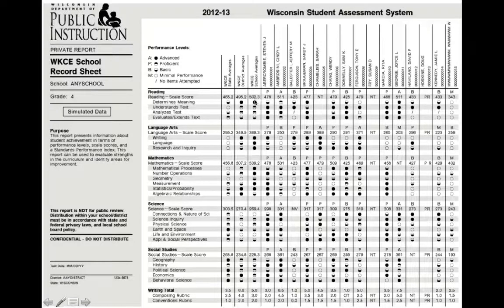Well, if I really care about reading and language and think that that's the greatest thing in the world, I should probably find this school to be a good fit. However, if I'm looking at my son or daughter becoming a little scientist, perhaps I should choose a different school, because science relative to the state in this particular school is kind of weak.